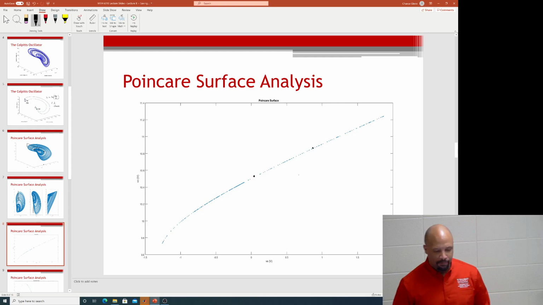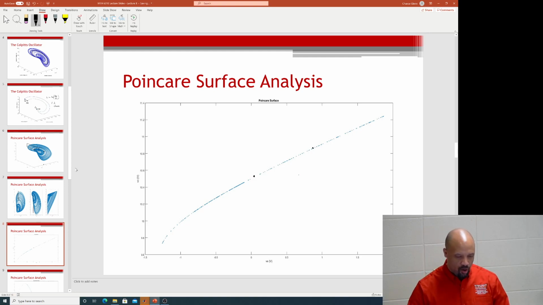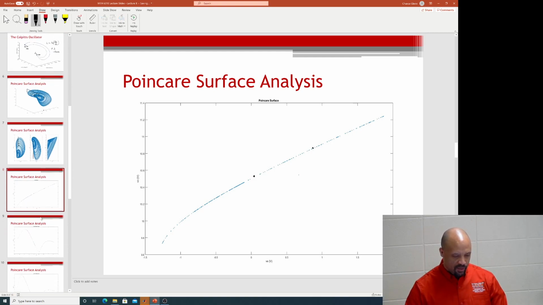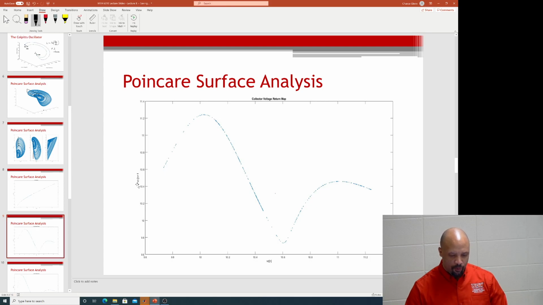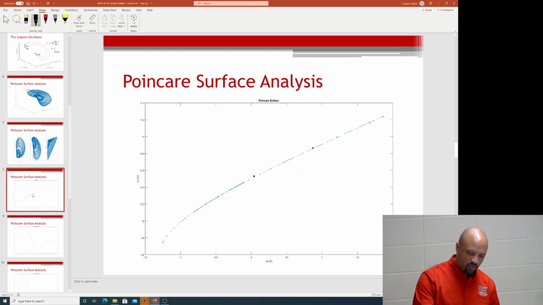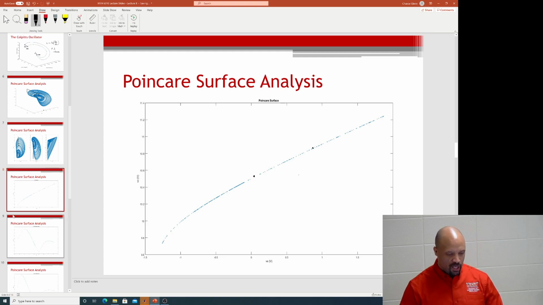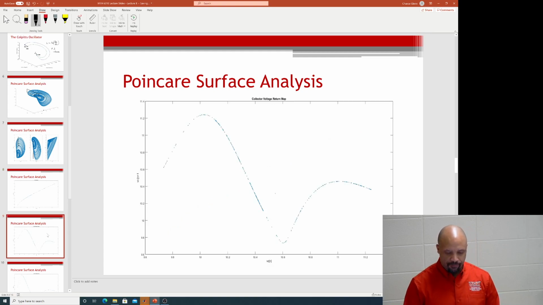And you can map that into what we call the return map. So here's the return map for VC. All right, so VC is this one, and I have a range here from 9.6 to 11.4 volts. So if you look at that, here's the return map.